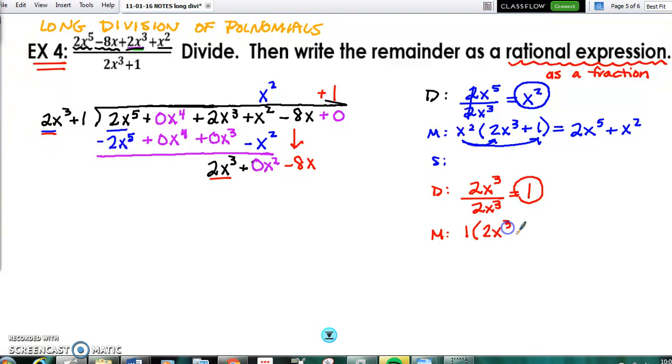2x cubed plus 1. Well, you know what's not going to change? 1 times all that. It's just going to be all that. 2x cubed plus 1. And now I must subtract. Menos. So I'm going to subtract 2x cubed. And then I'm going to subtract 1, but that's not an x squared. And it's not an x.